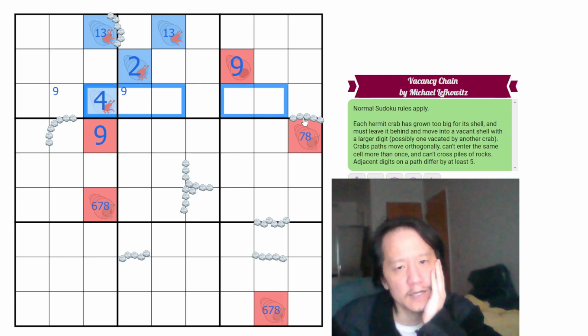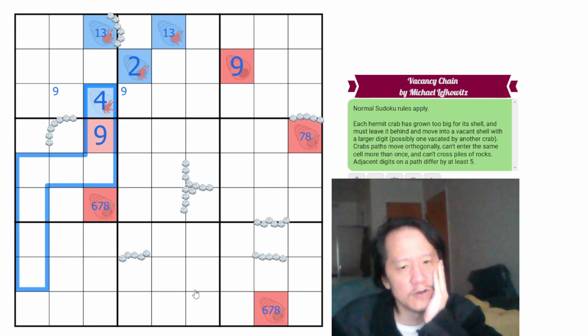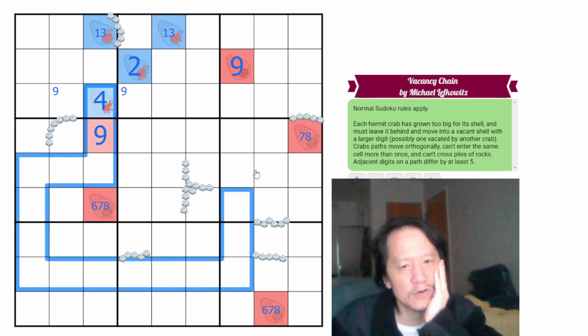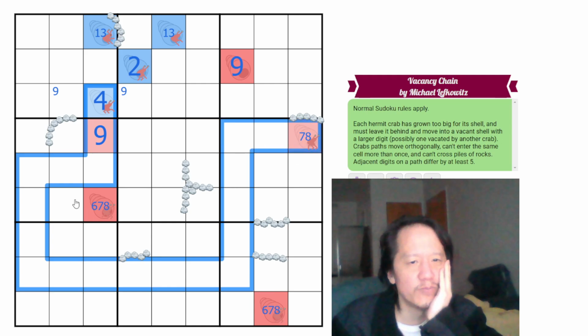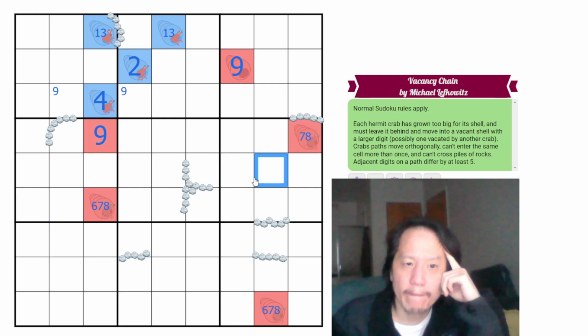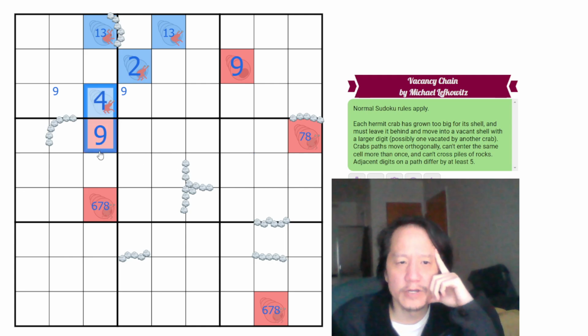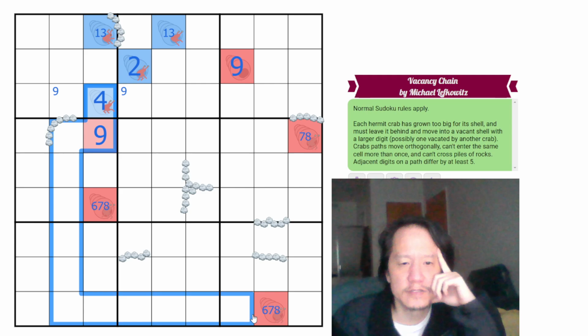It just cannot connect to here, right? If it connects here, I don't think there's a way. You connect here, but the problem is then this one would be blocked from the rest, so that doesn't work. But it could connect around something like this. This is possible, so it could go this way.